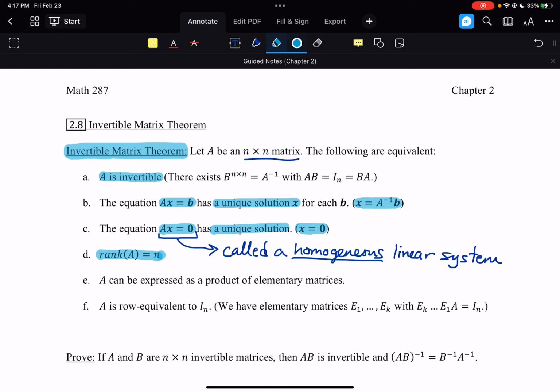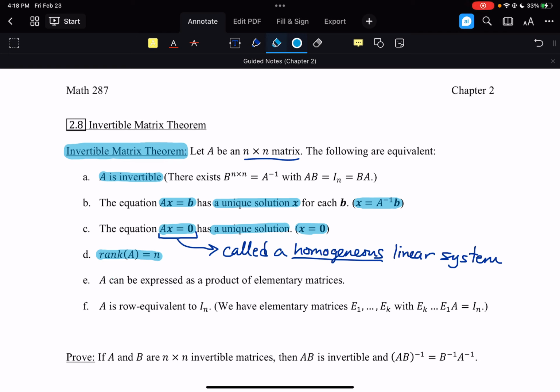So there are no free variables in that case. It's only the leading variables that give us the back substitution, which we can then use to find one unique solution. It's all linked together.